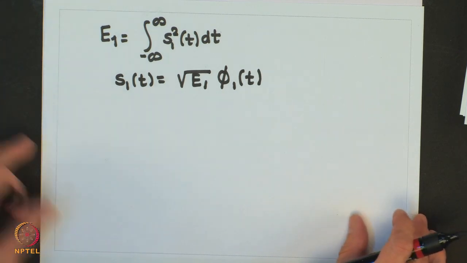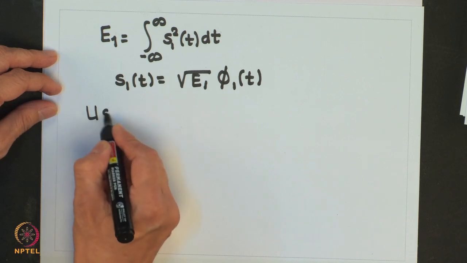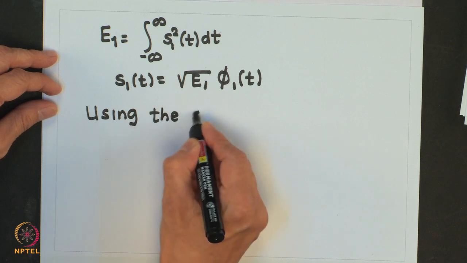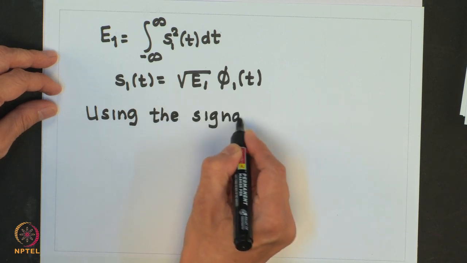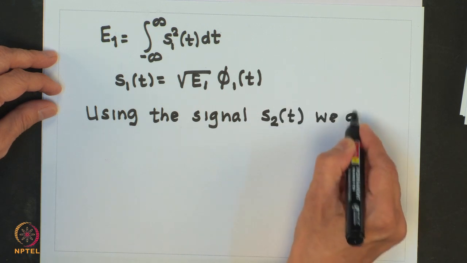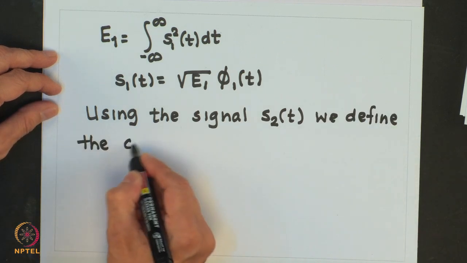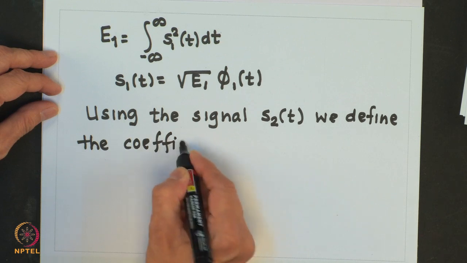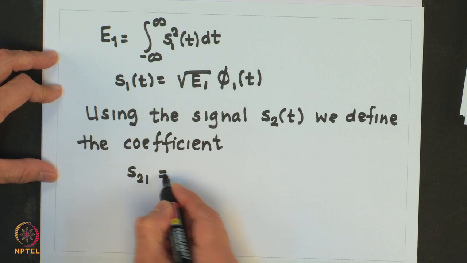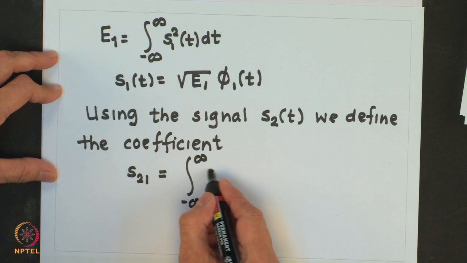Okay, fine. Now, let us use the signal s2(t) in the set. We define the coefficient s21 as the projection of s2(t) on phi 1(t).